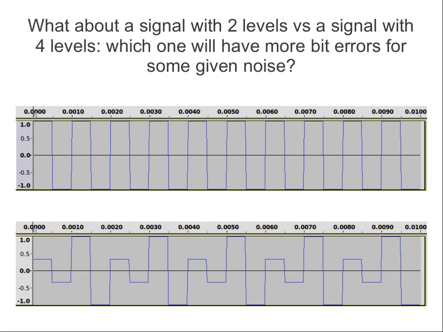How can I get noise? This noise greater than 0.33. If I transmit at plus 0.33, there will be an error if the received signal is, let's say, greater than or equal to 0.66, assuming we transmit at 0.33, and if the received signal is less than 0, there'll be an error.